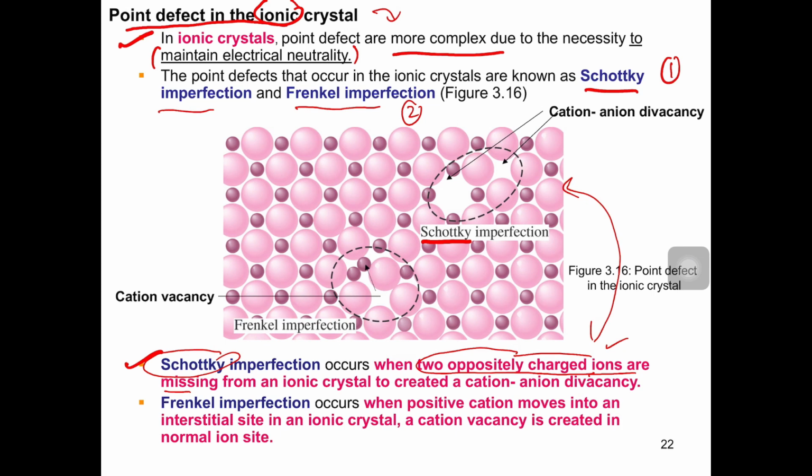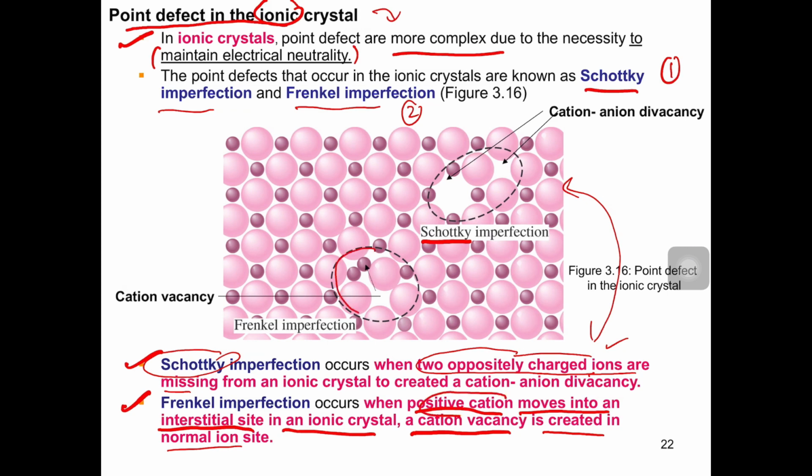How about the Frenkel imperfection? It occurs when a positive cation moves into an interstitial site in an ionic crystal. A cation vacancy is created in the normal ion site. That means that the positive cation moves into an interstitial site.